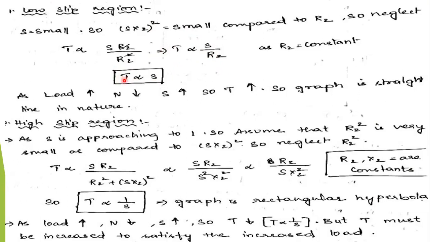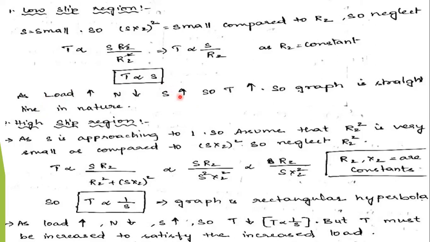What is the assumption for the induction motor? For a normal running motor, if I put some load, the speed will decrease, and if the rotor speed decreases, slip increases.